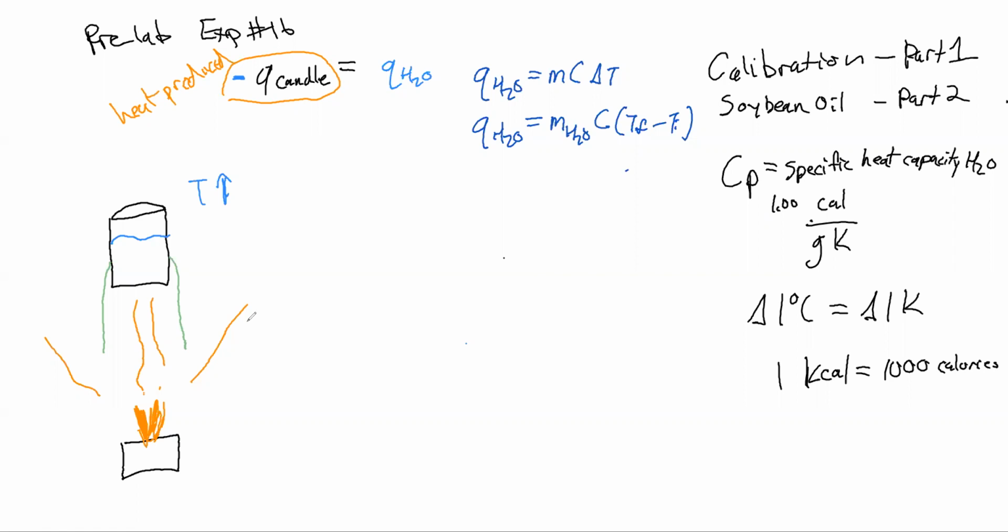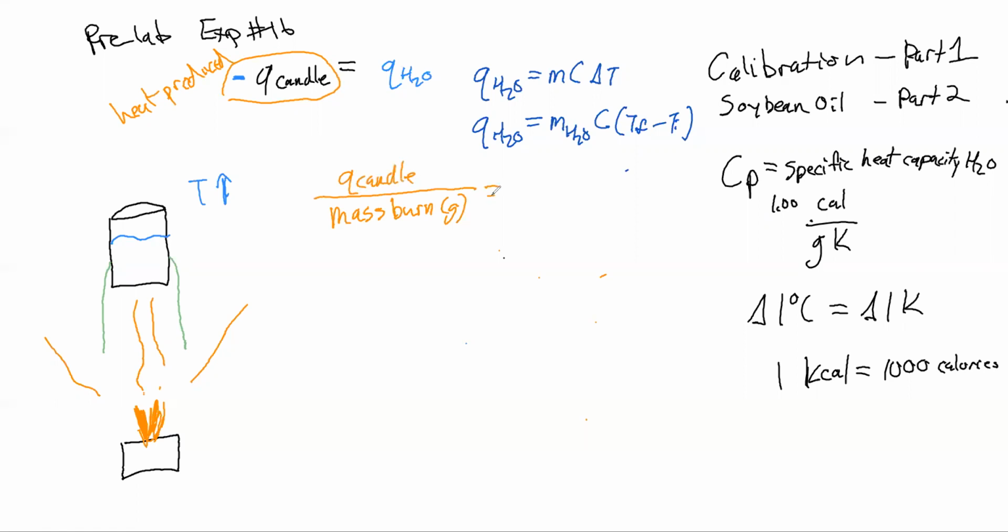And so what we're going to do is we're going to look at the mass that we burn. And so that's going to be in grams. We're going to look at the heat that's made by the candle.